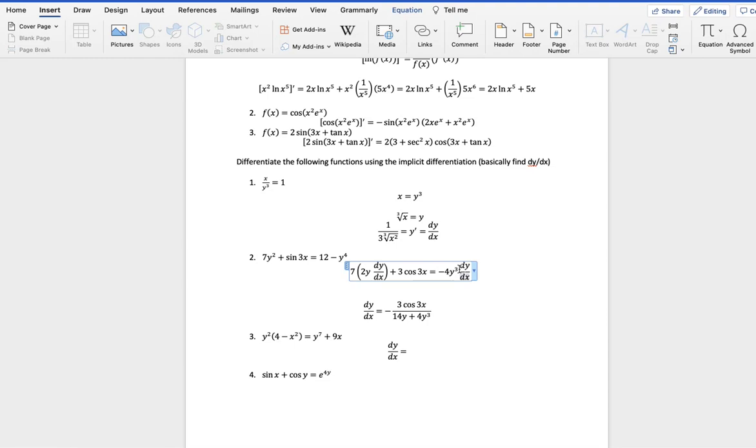You factorize, and then you take this 3 cos on the other side, and then you divide by the factor that you get when you factorize these two terms in dy over dx. Basically, you're making dy over dx the subject of the equation, if it makes more sense that way. Does that make sense? Do you understand?